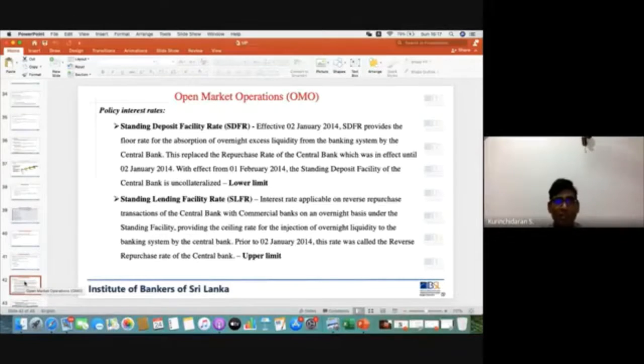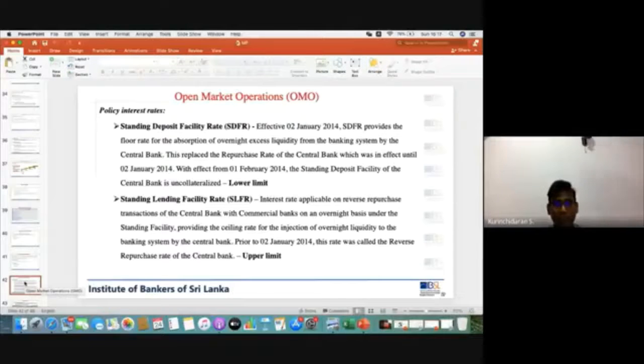Under these OMO transactions, there are policy interest rates, right? One is the standing deposit facility rate, SDFR. Another one is the standing lending facility rate, SLFR. If banks want to deposit with the central bank, they can get a return based on SDFR.